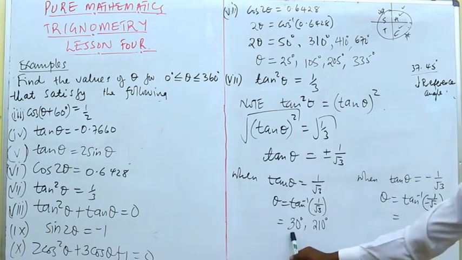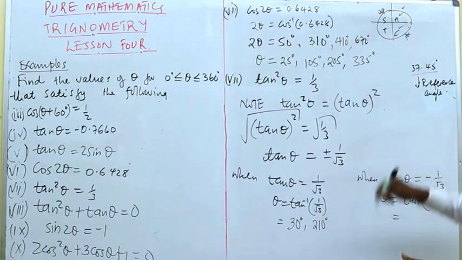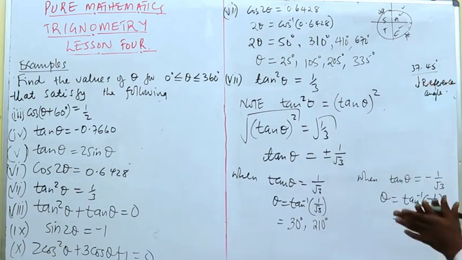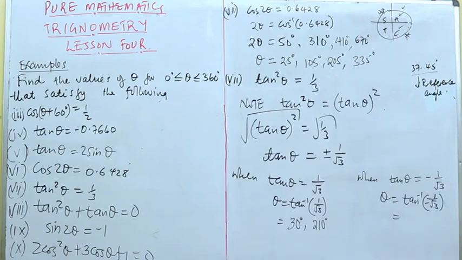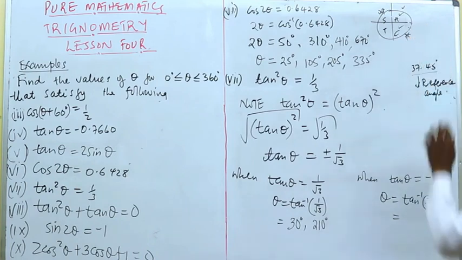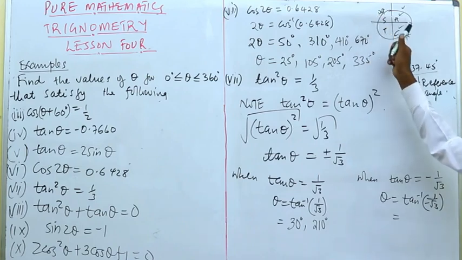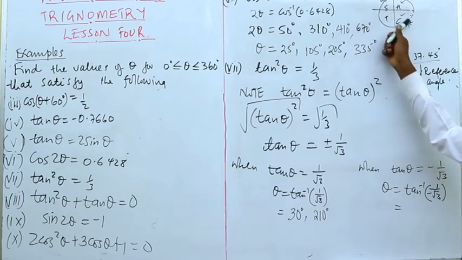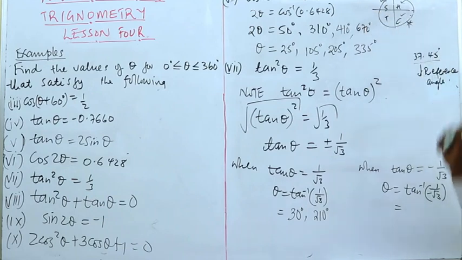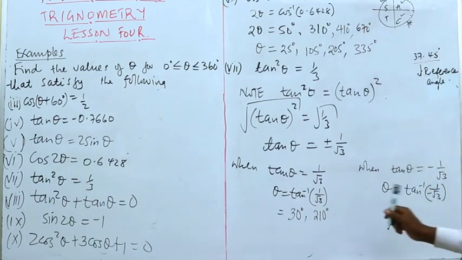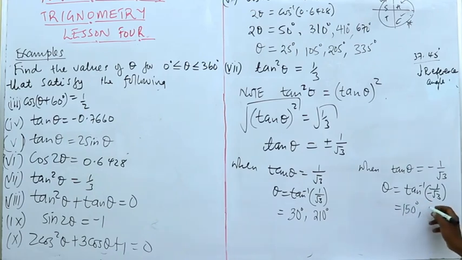When you treat it as a positive, you'll get a 30. Tan is negative in the second and fourth. So, after getting the 30, I'll get 180 minus 30, giving me 150. And then 360 minus 30, giving me 330 degrees.